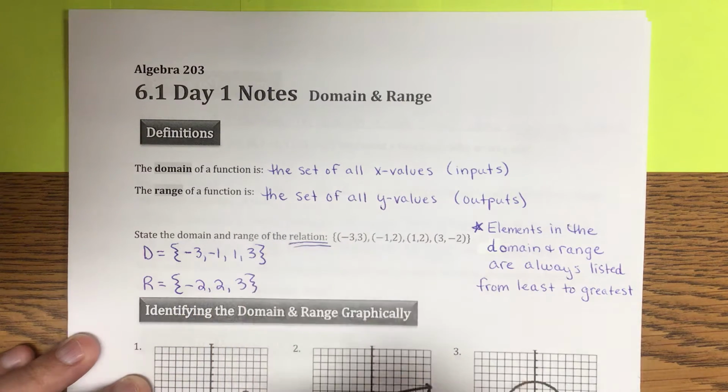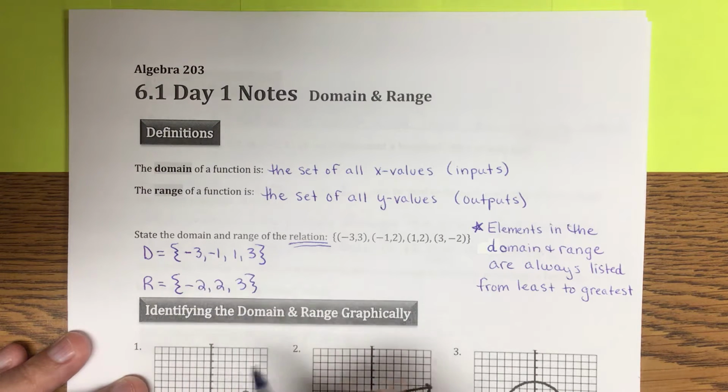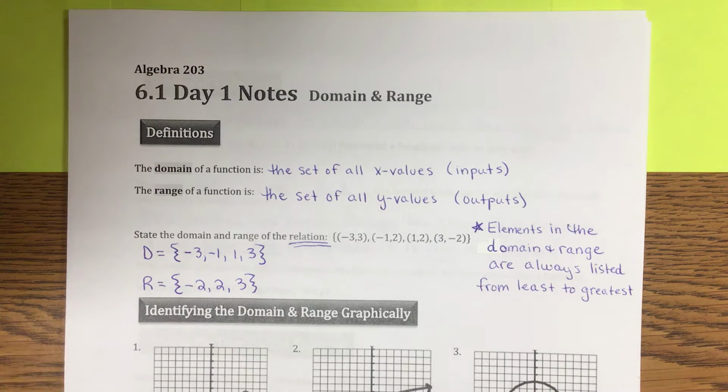If there is any repetition in those values, you just list it once. You don't have to repeat it in the domain and the range. But you'll notice I did go in increasing order, from least to greatest, and that's the way we write the domain and the range even for functions themselves.